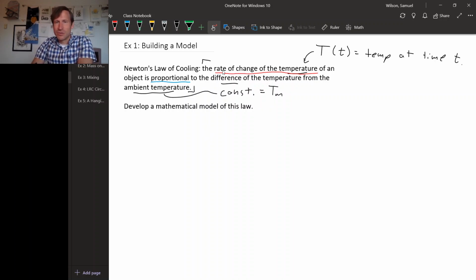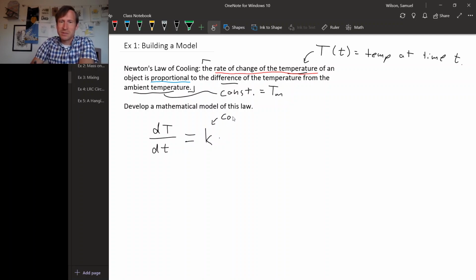So let's see, the rate of change of temperature, well, that's going to be dT/dt. Okay, so that's proportional to, so is equals. Proportional to means it's a constant times, so some constant times. And I'm using k for our constant. Since we don't know what it is, we have to use a new symbol for it.